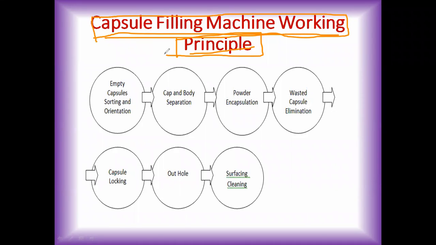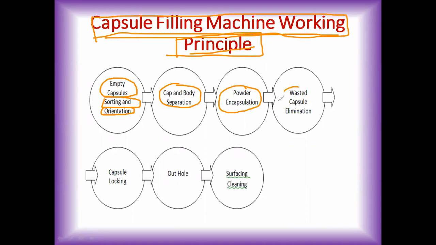There are various steps or operations which occur when we fill any material into a capsule shell, specifically the hard capsule shell. Firstly, we need empty capsules. These empty capsules which we receive, we have to sort them and go for orientation, that is rectification. Then the separation of cap and body takes place. Then you go for dosing using a suitable dosing system. You put the material which you want to fill into the body of the capsule.